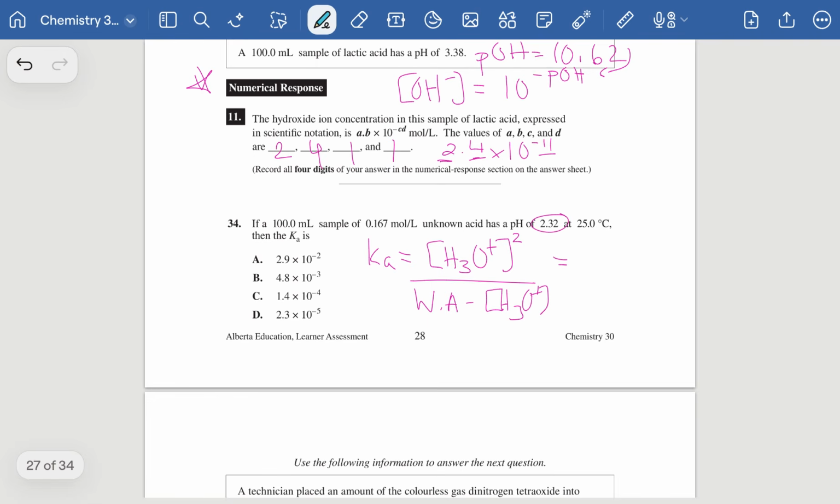If you know the pH, you can go 10 to the negative pH 2.32 to get the concentration of hydronium, but don't forget that squared, divided by the concentration of the weak base, 0.167, minus hydronium, and you use it if you have it. So we go ahead and plug that into your calculator. Just make sure that you know how to use your calculator. Keep that denominator in brackets to make sure you are going to get this right. And your answer, you'll see, is B.